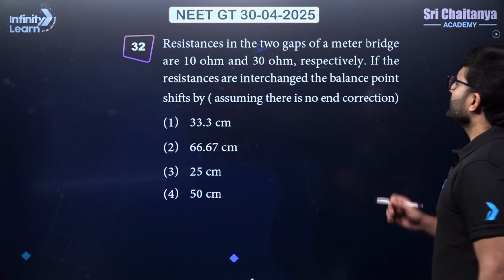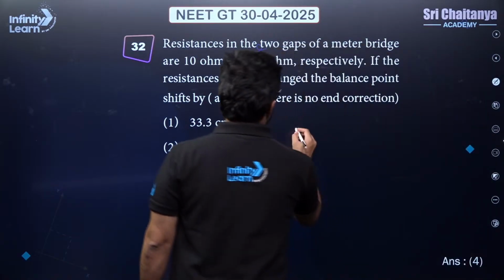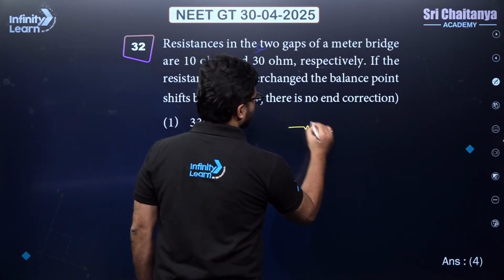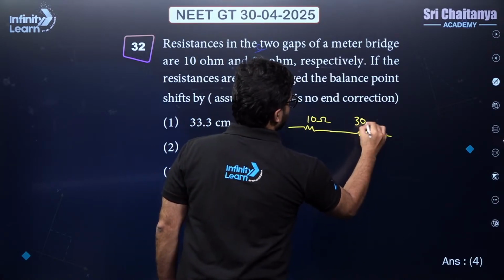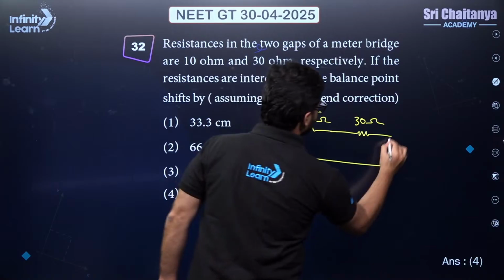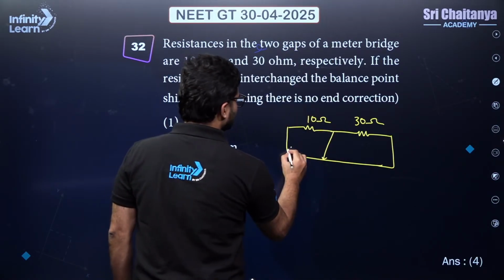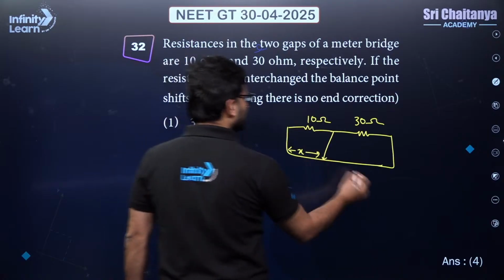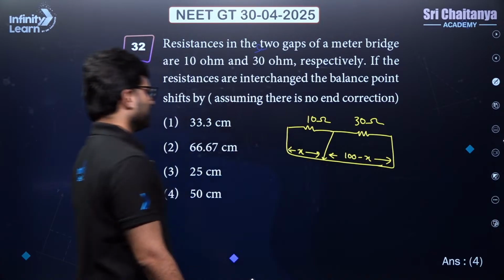Okay. So resistances in two gaps of a meter bridge are 10 ohm and 30 ohm. So let's say we have a resistance here. This is 10 ohm. Another is 30 ohm, and we have this meter bridge like this here. So let's say this length is x. Total length is 100 centimeters. So that would be 100 minus x, right?